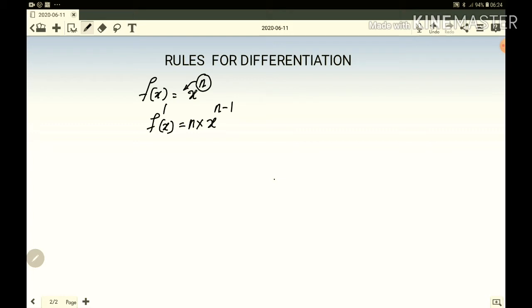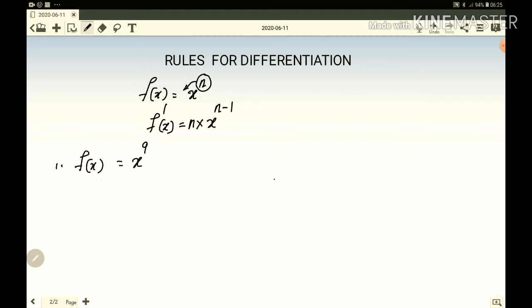So f of x is equal to x to the power n. After the differentiation, f dash x is equal to n times x to the power n minus 1. I will show you one example here. F of x is equal to x to the power, I'm just writing power 9. After the differentiation, what happened?